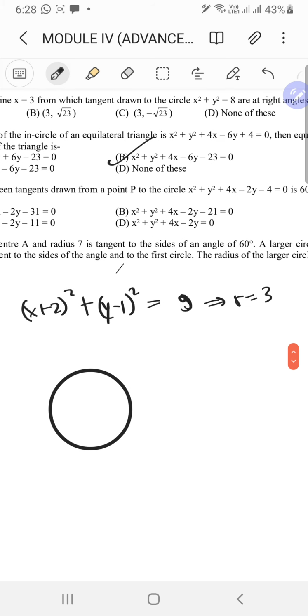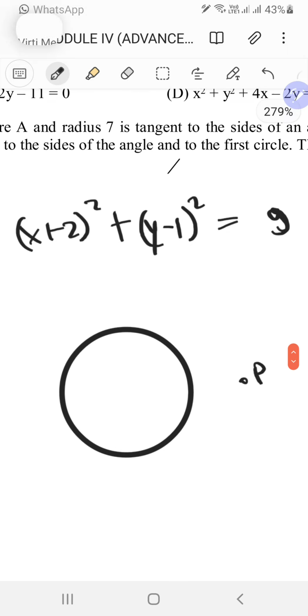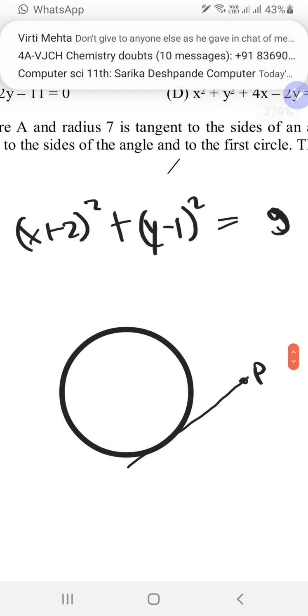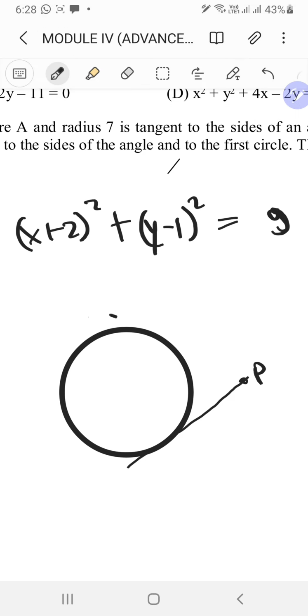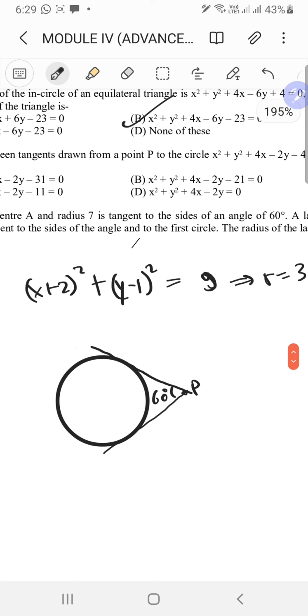Angle between the tangents drawn from point P, and suppose these are the tangents, is 60 degrees, and these are 90, 90.